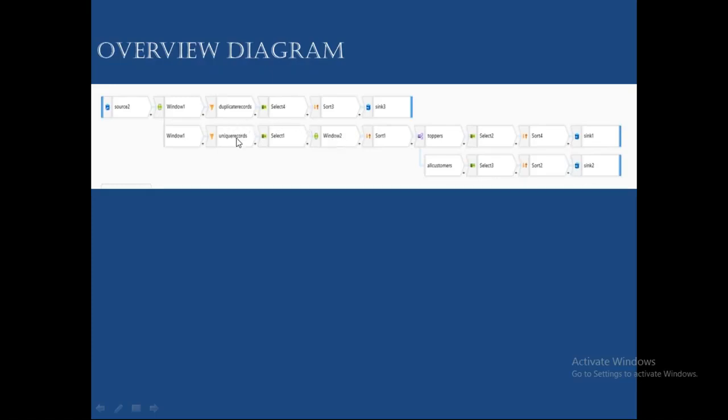That's why once I get unique records, on unique records I'm generating rank and dense rank. Dense rank is the best one, as it will not skip any rank. So I'll just sort the data. Once I generate the row number, rank and dense rank, I'll sort that data. Once I sort it, I'm going to split the data.